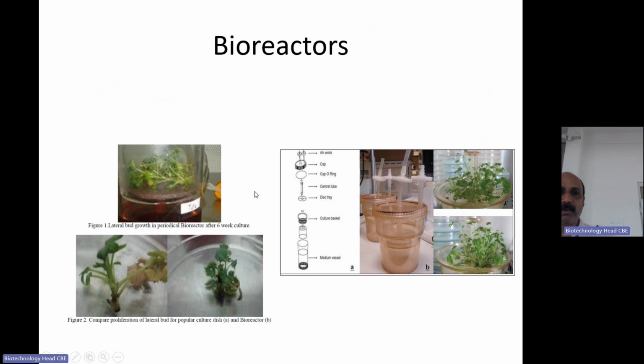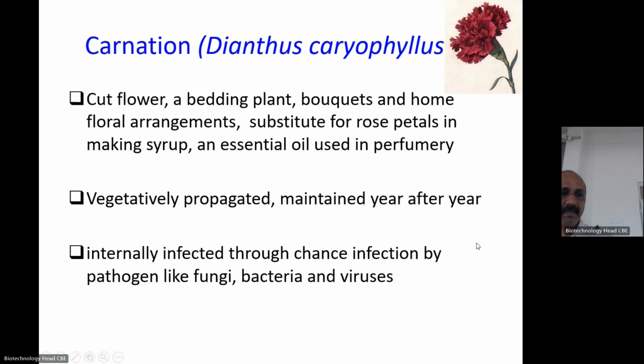It can also be grown in bioreactors, in liquid culture. So the rose explants can be put in the liquid culture so that you can get many shoots, which can also be propagated.